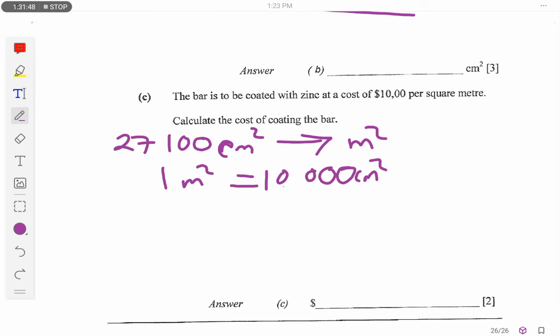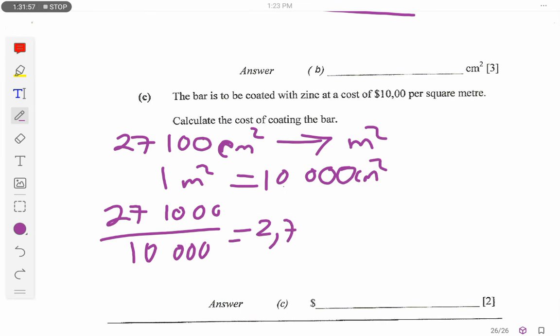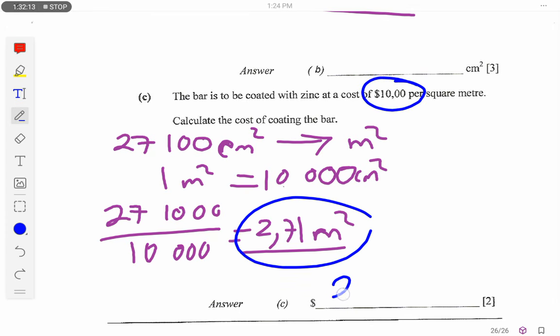So I can divide 27,100 by 10,000, and I get 2.71 meters squared. This is the area in meters. Then to get the cost, we simply multiply 10 by this area, and I'll get $27.1. So that was the last of it, guys.